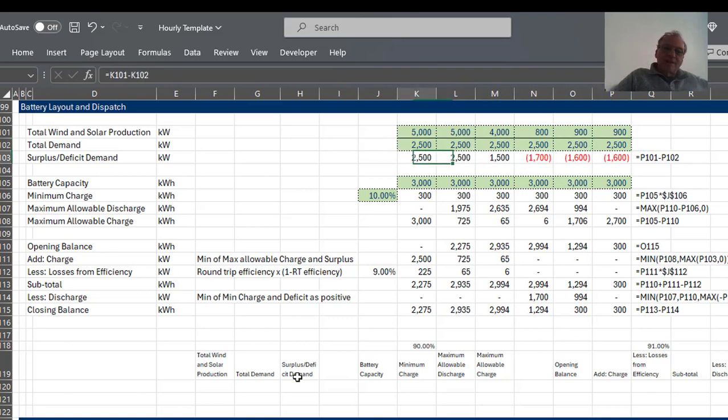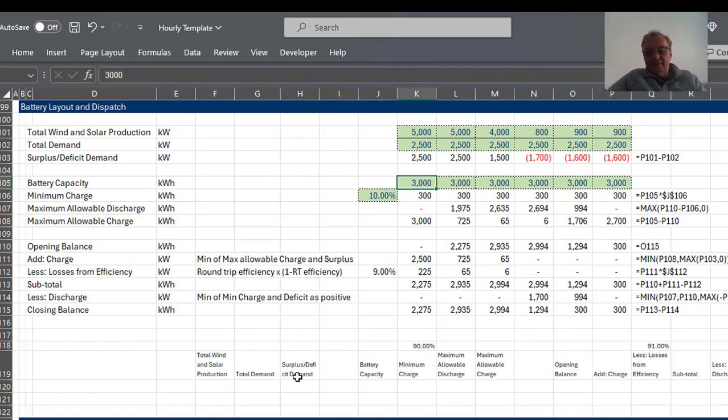If we have surplus production, we're going to be able to charge the battery. When we have deficit production, we're going to discharge the battery. Now, I've done this many times and I've done it so badly, but let's put the capacity of the battery in kilowatt hours.